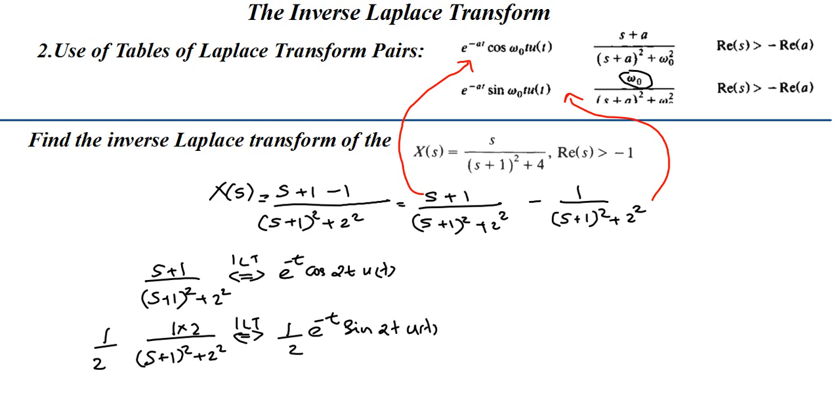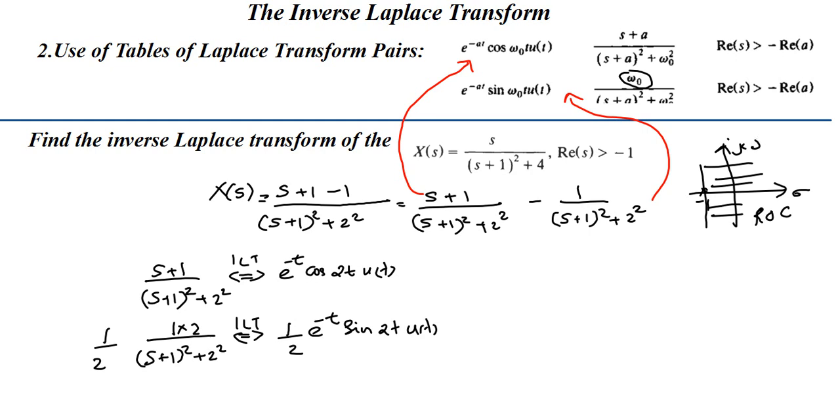Now we can combine these two results. Again it's a causal signal because sigma is greater than minus 1, so towards the right. So this is the ROC, and this is the j omega axis.